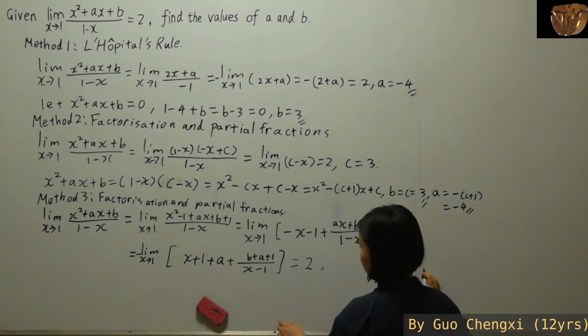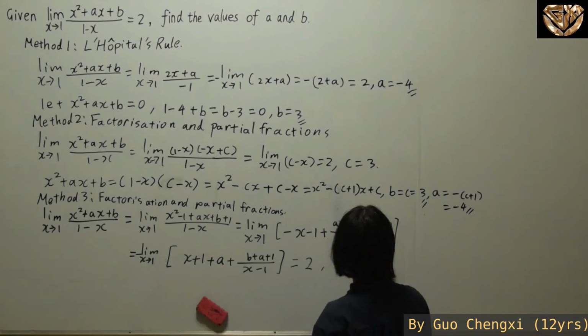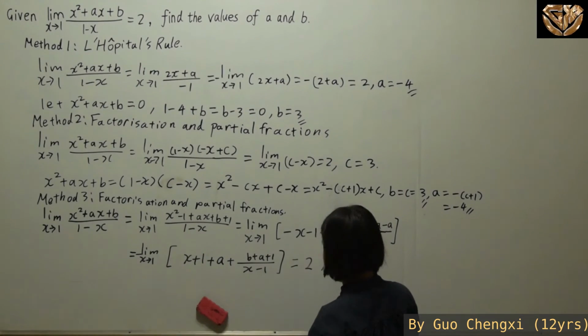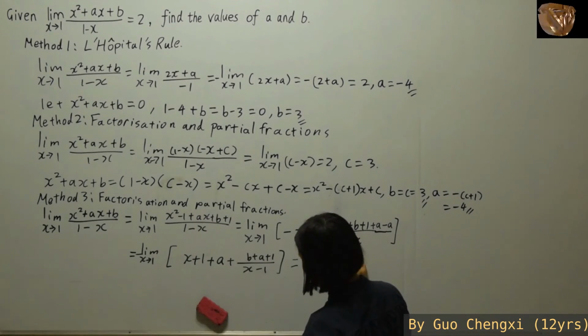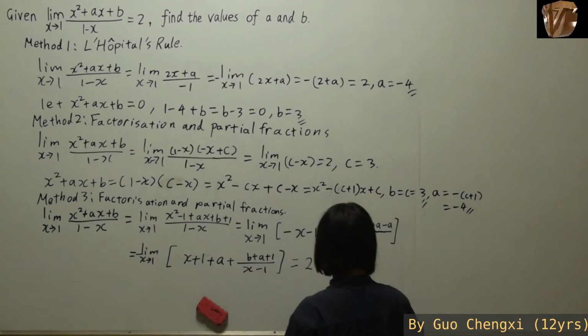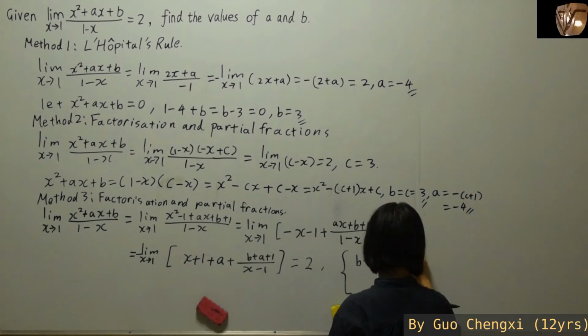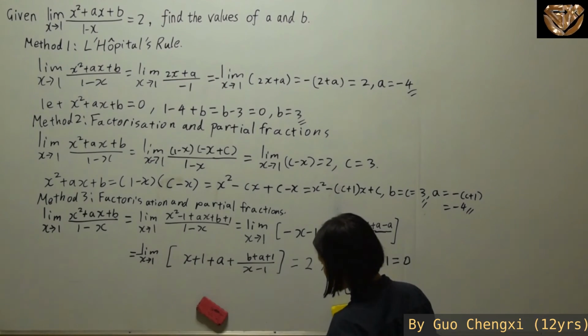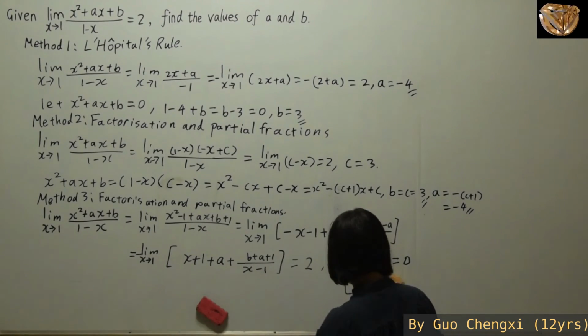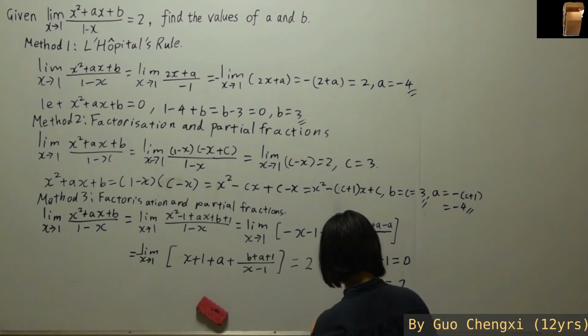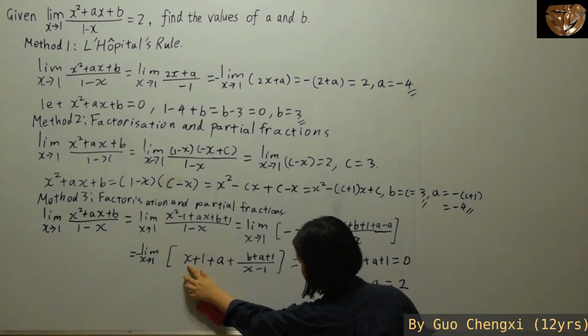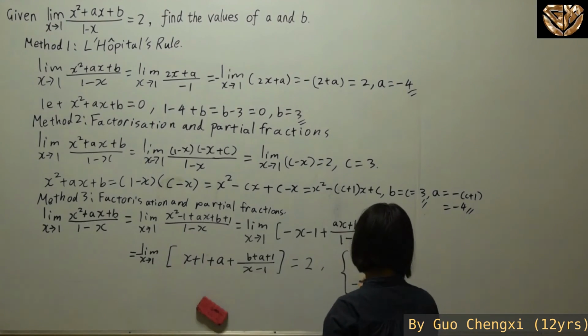So for this part, x is equal to 1, so it will substitute in, and this will just become another 1, so it becomes negative 2 minus a.